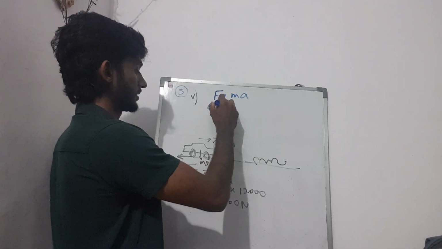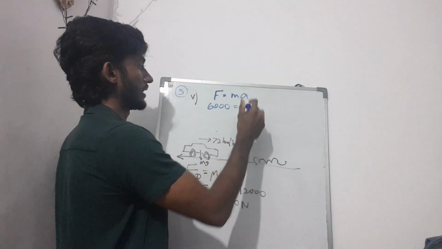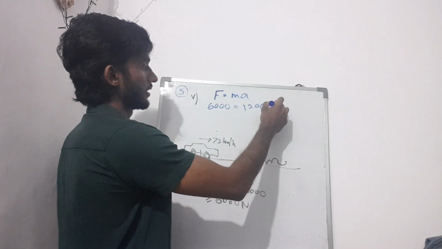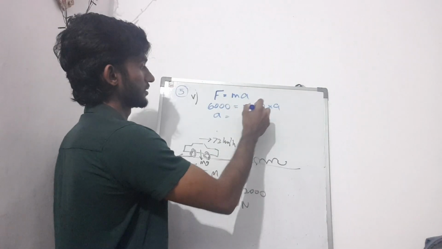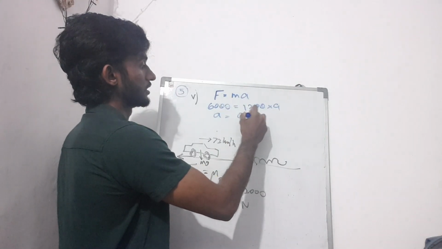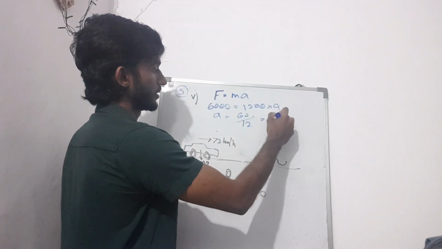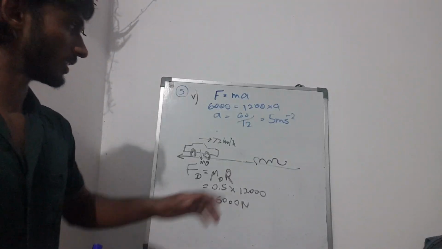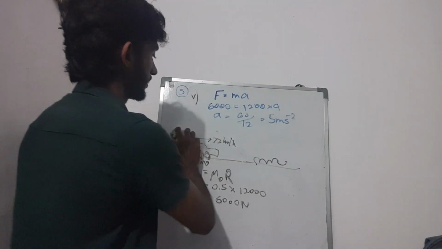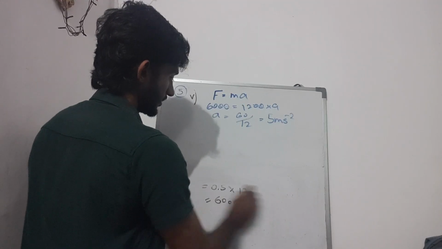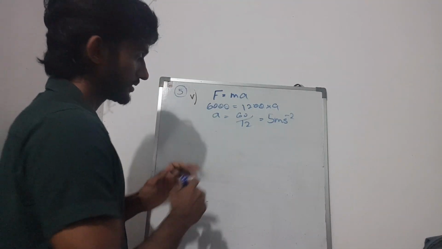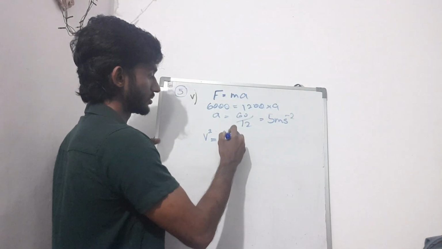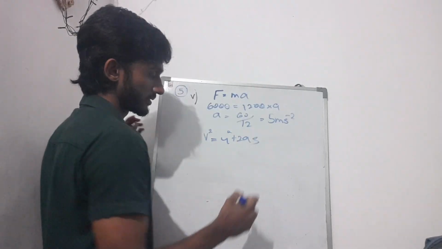F is 6000. M is 1200. A equals 60 over 12, which is 5 m/s squared. That's the deceleration. We should find the distance by v squared equals u squared plus 2as.